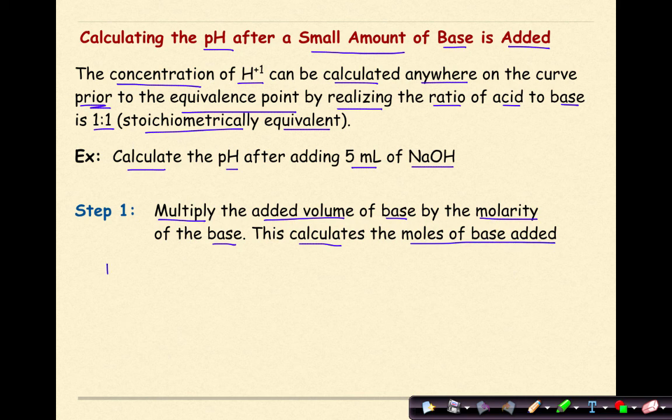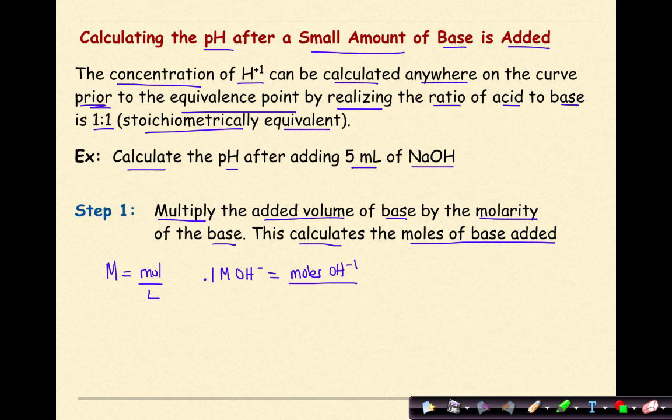So we know that molarity is equal to moles over liters. The initial molarity of our base, as given at the beginning of this problem, is 0.1 molar hydroxide ions. We are solving for moles of hydroxide ions, and the amount of base that we're adding here is 5 milliliters.